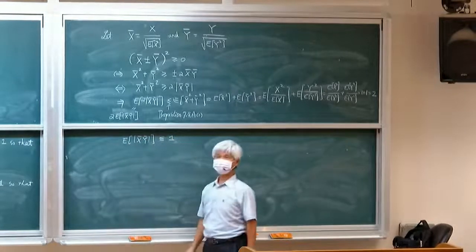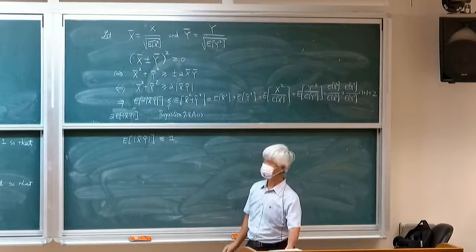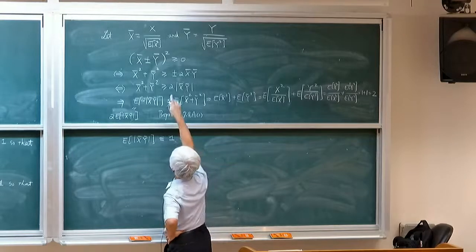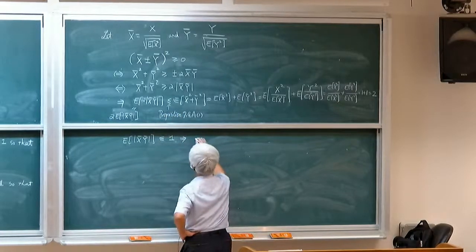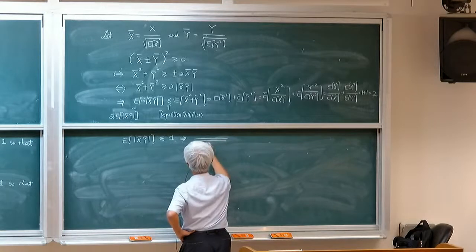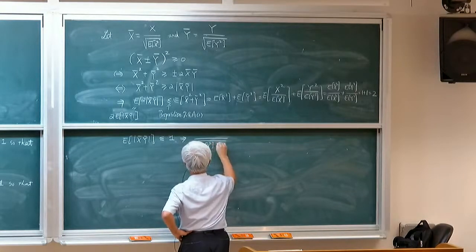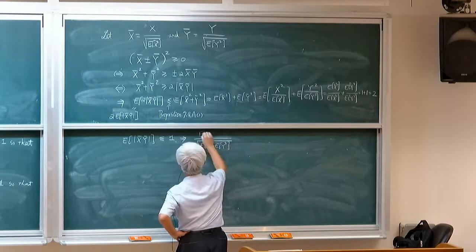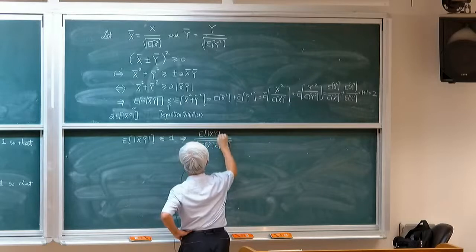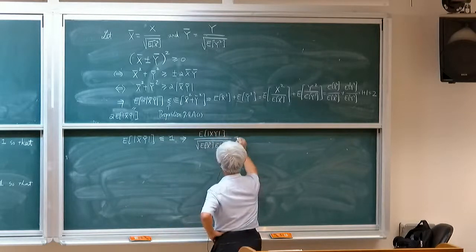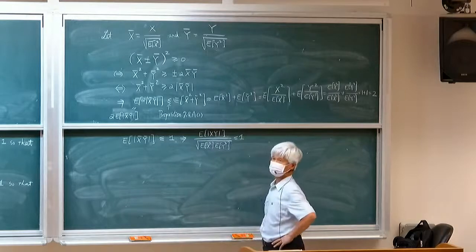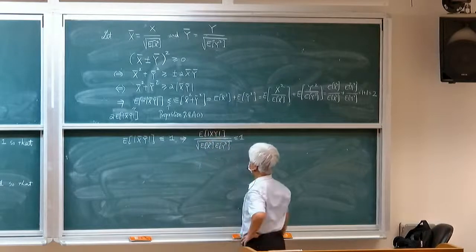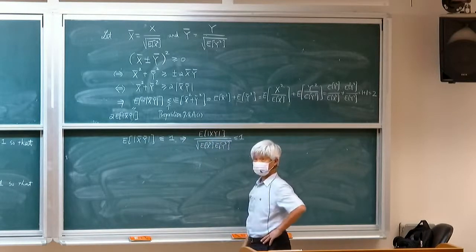The 1 here, and we plug into there. So we plug into the definition of x bar and the bilinearity of expectation.